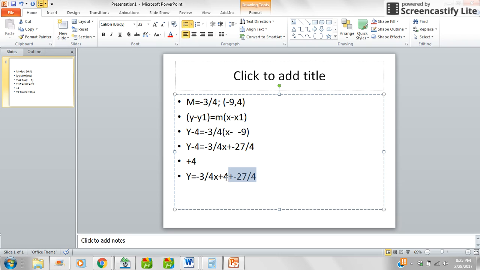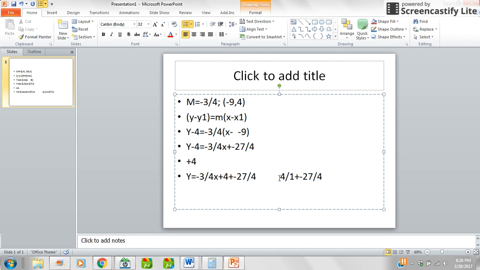So what I did was I put the 4 over 1 and went ahead and multiplied. I'll go ahead and show you what that looks like over here. So that's 4 over 1 plus a -27 over 4.